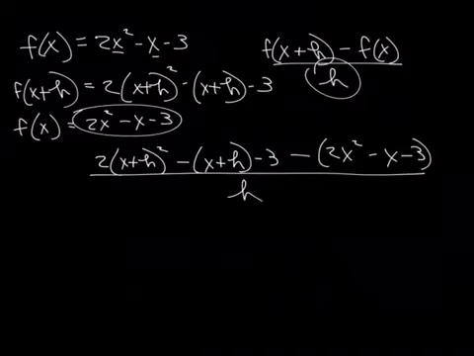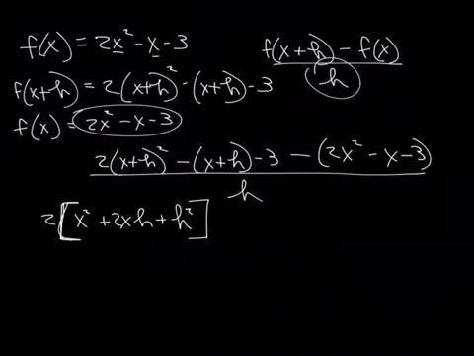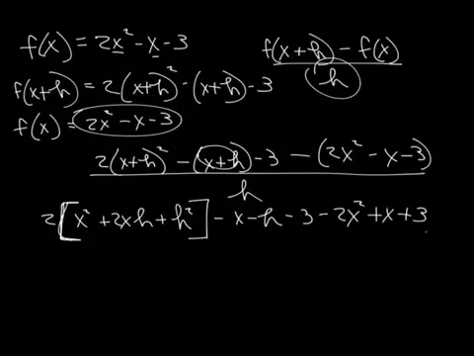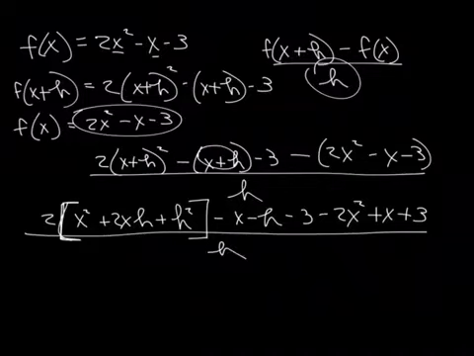Okay, so let's write this whole thing out. 2 times x plus h times x plus h gives me, I'll make braces here, x squared plus 2xh, again I'm using the FOIL method, okay, minus x minus h, took the parentheses off, have to change the sign, minus 2x squared plus x, again change the sign, all over h.